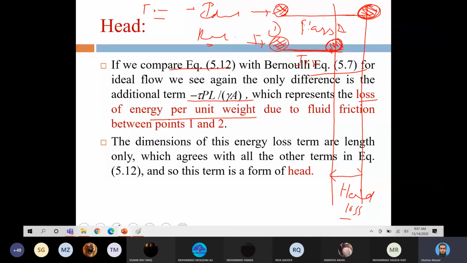Excuse me, sir. Yes, student. Sir, in rho PL and gamma A, what is L? L is the length of pipe.